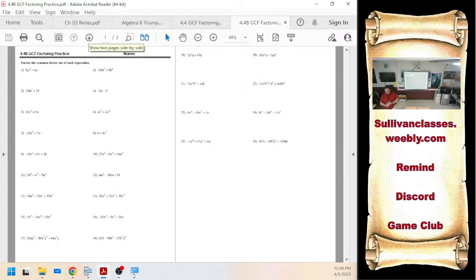But we do have a couple of hiccups along the way, so we are going to get practice in. So here's what we're doing. You go over to 44B, so you've got enough room to work things out if you need to. Just do the odds. Just do the left-hand column, front and back. That'll be 13 total problems.